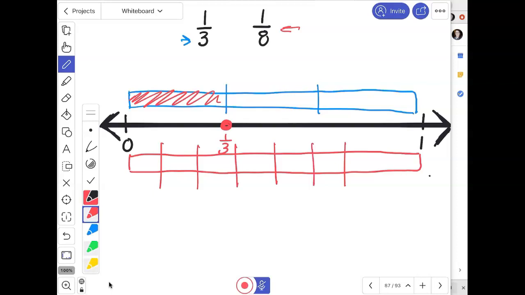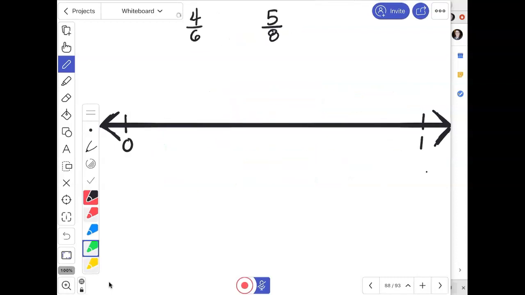And that will give me 8 parts. So if I shade in 1/8, that's going to be right here. So based on that, I can see that 1/3 is further to the right. It's further up the number line. Therefore, it is greater.